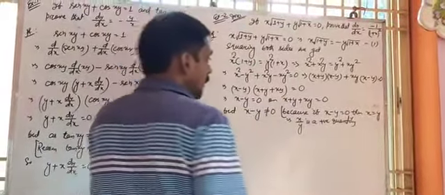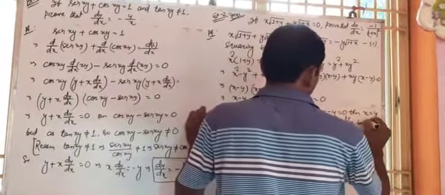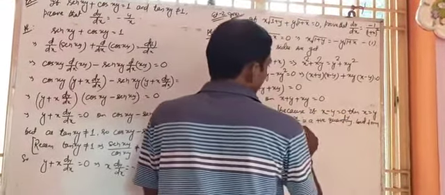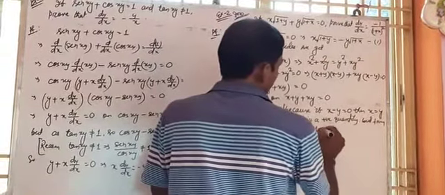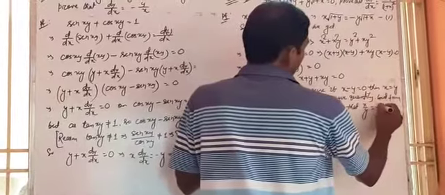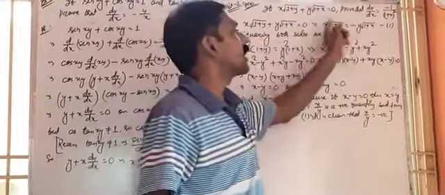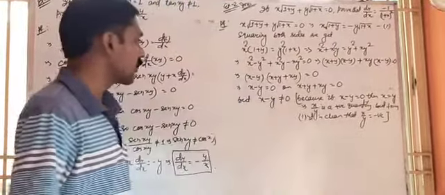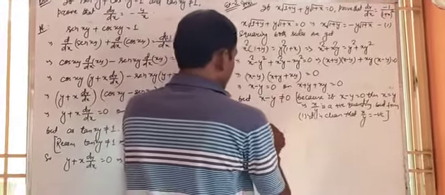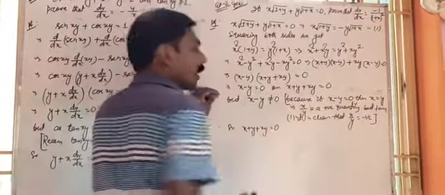Right? X by y is a positive quantity. But from 1 it is clear that x by y is negative. So x by y is always a negative quantity, so it will be a contradiction. So this cannot be equal to 0. So the only possibility is x plus y plus xy equal to 0.